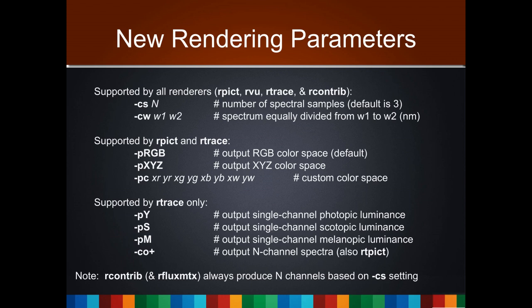And then CW says the starting and ending wavelengths. You can give them in either order, but the wavelength range that you want to compute. So that defines the rendering color space, and then all the input is converted into that color space during rendering. Does that make sense?